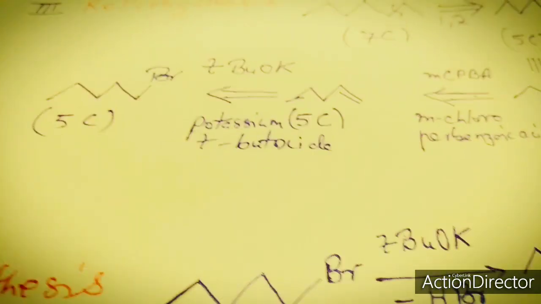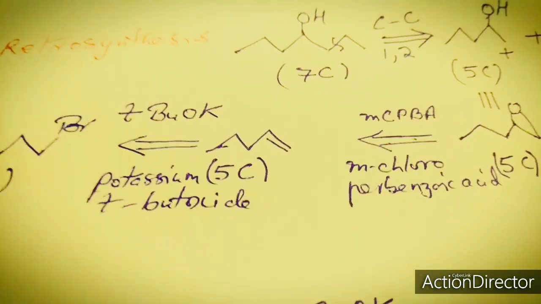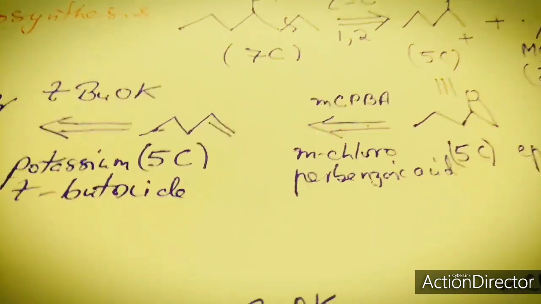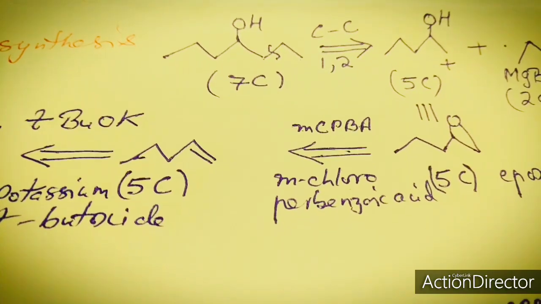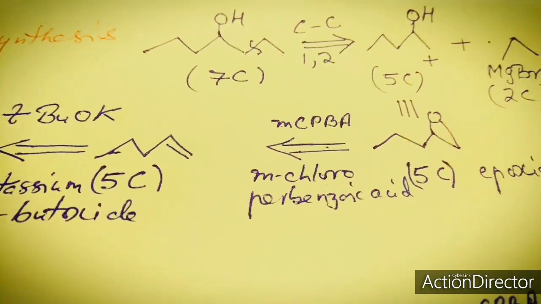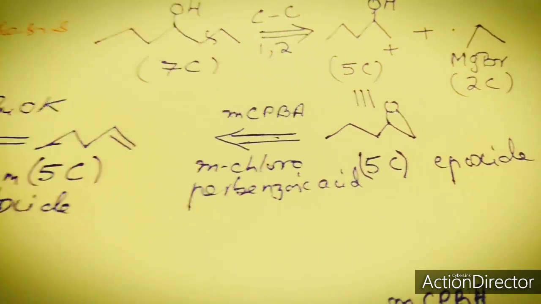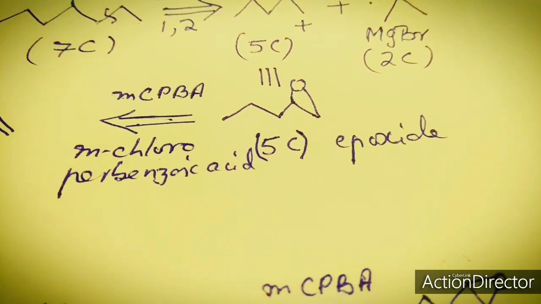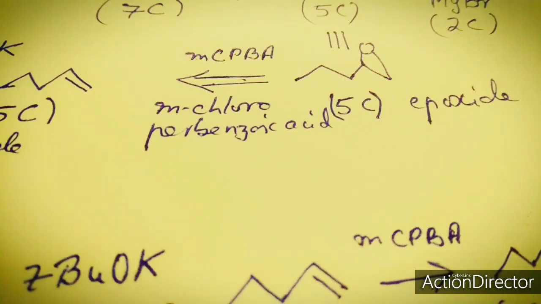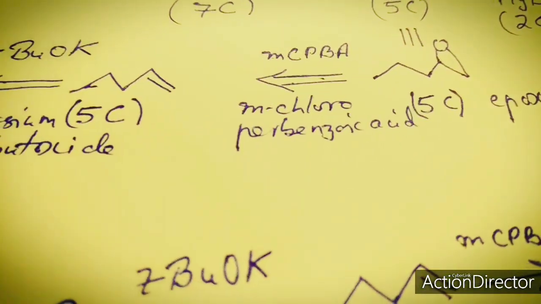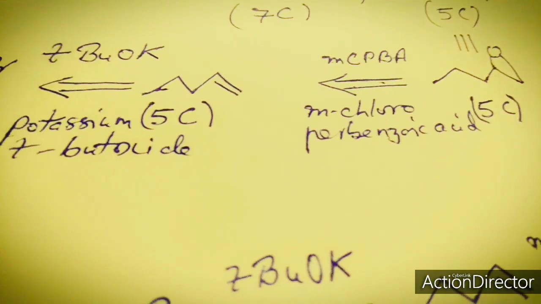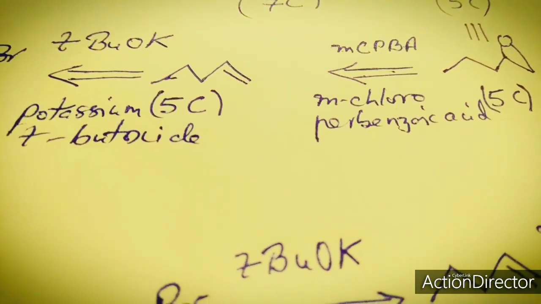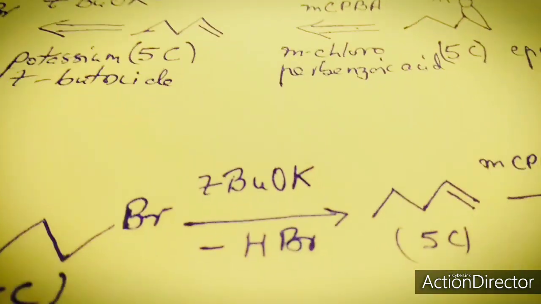So this was the first synthesis on which we applied our earlier background knowledge of not only retrosynthesis, but at the same time the use of these reagents, that is chloroperbenzoic acid and potassium tertiary butoxide.